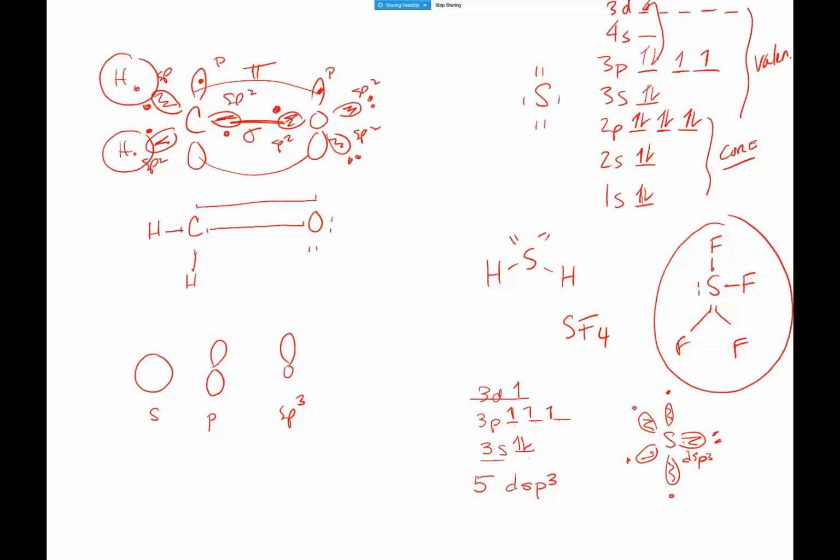So that means for the sulfur, if I wanted to form SF6, the SF6 is going to have a sulfur now with 6 unpaired electrons, because each one of those is going to be used to bond the fluorine.